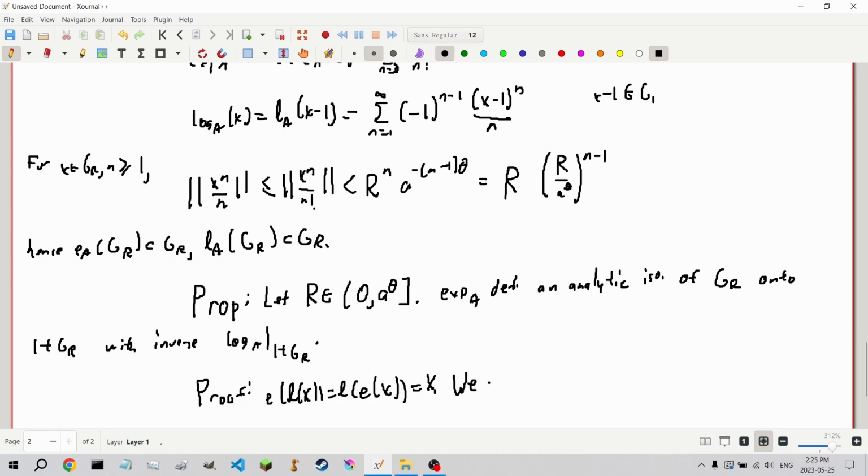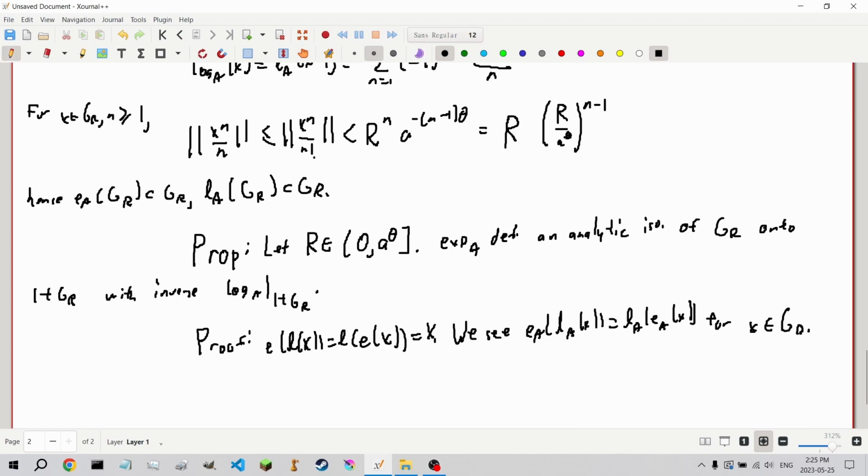We see from previous results that E_A of L_A of X is L_A of E_A of X for X in G_R. Then exp_A of log_A of X is X. On the appropriate domain, of course, log_A of exp_A of X is X. We are done.